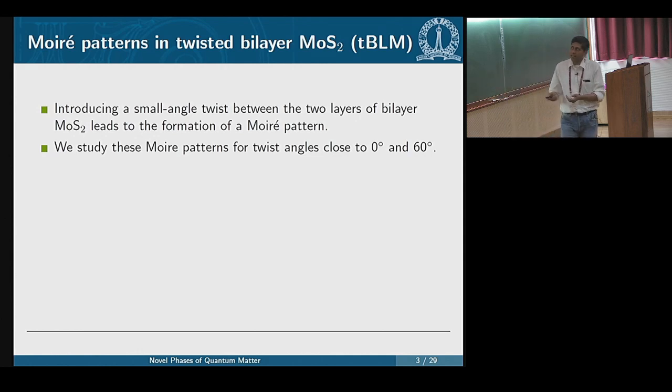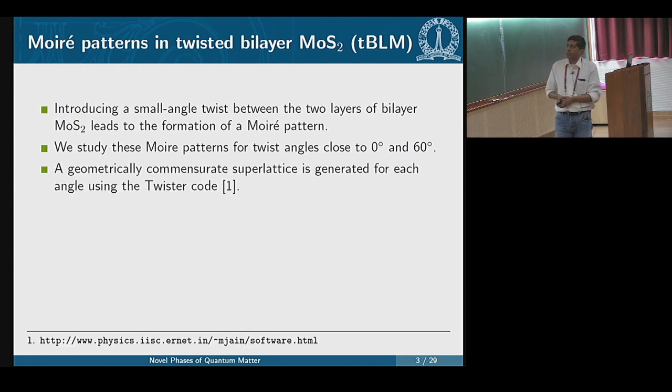And this actually has some consequences. In case you are interested in playing around with these, we have a simple code which can generate these structures for you. You give the lattice vectors and the angle, and it will generate what the moire supercell of the structure is going to look like.